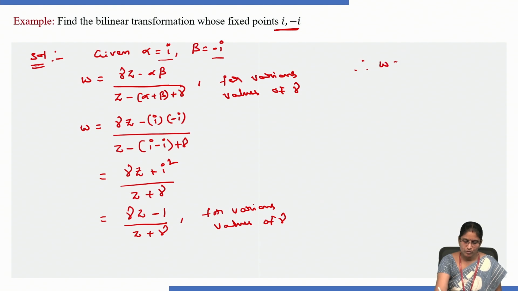Therefore, w is equal to (gamma z minus 1) by (z plus gamma).